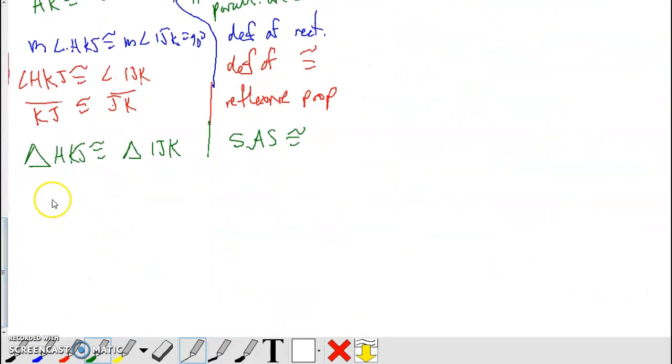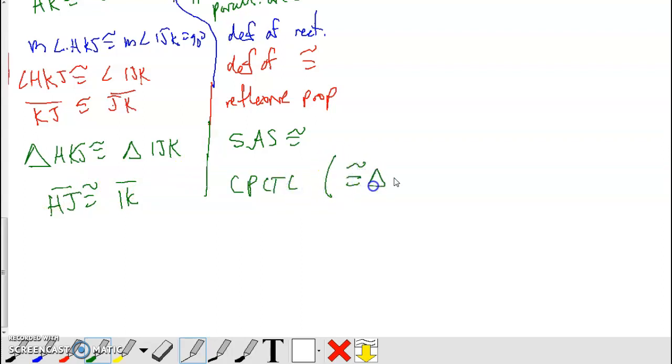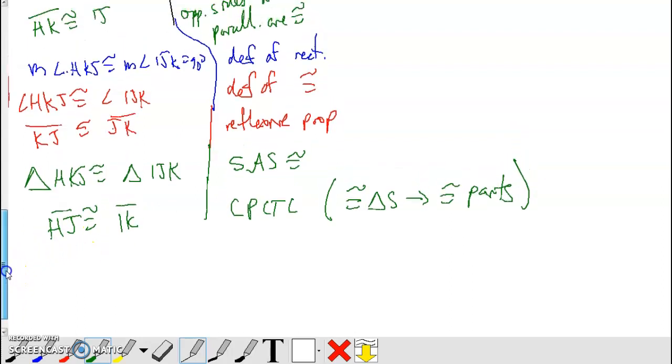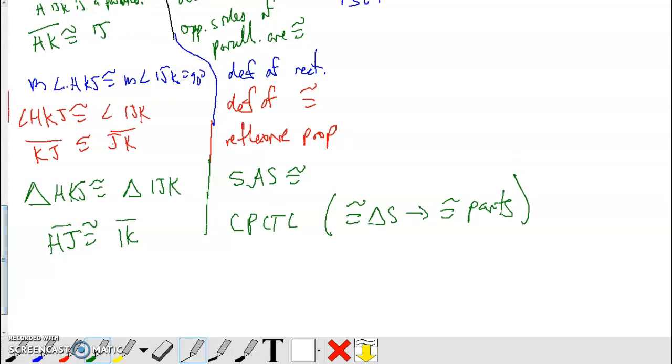So now I get to say that HJ is congruent to IK, and again, CPCTC, or I could have written congruent triangles have congruent parts. Either one is perfectly fine. Again, hopefully you have something to this effect for these three practice problems.